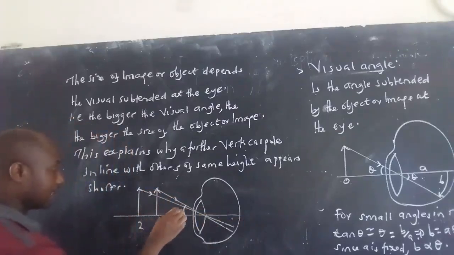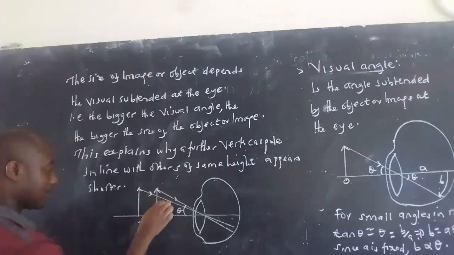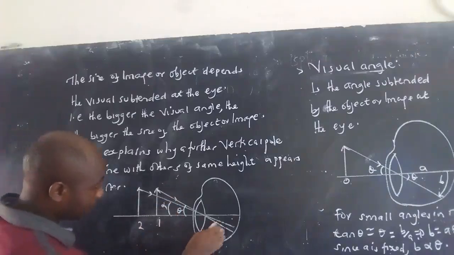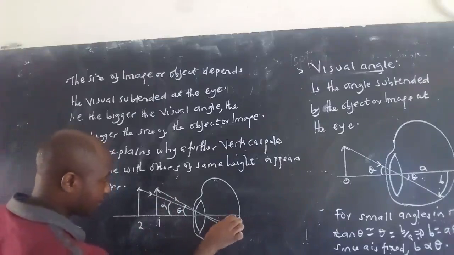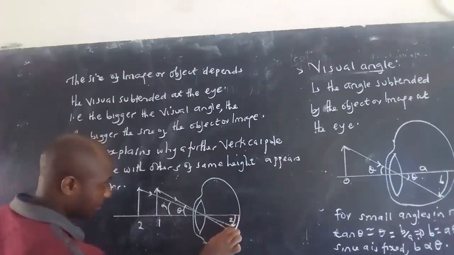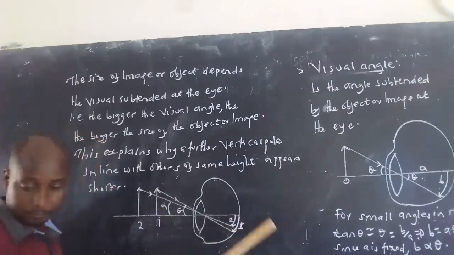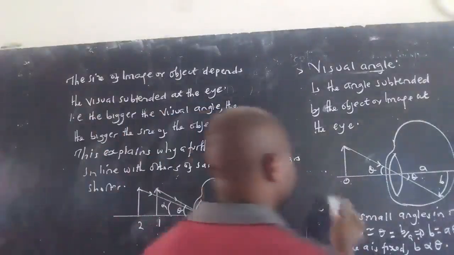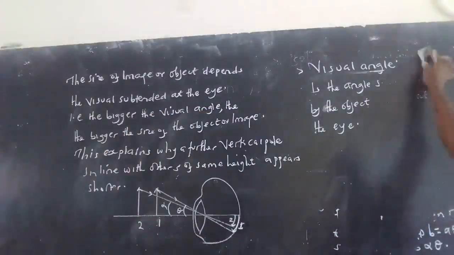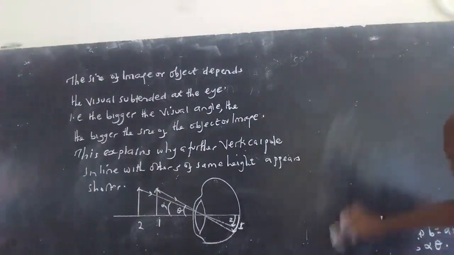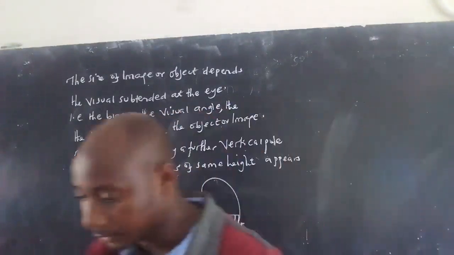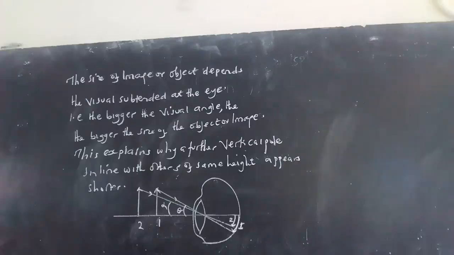So the angle subtended is theta, the angle subtended is alpha. Then here we shall say this is image of 2, then this is image of 1. What do we say here? We shall say that the image size depends on the visual angle.